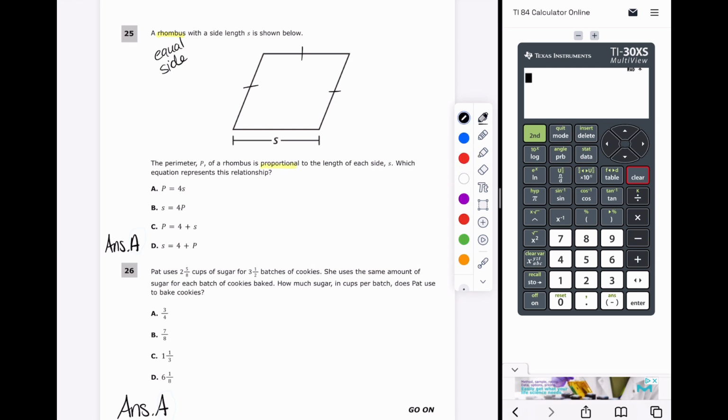what do we know about the perimeter? If I wanted the perimeter and I know that every single side was S, I would represent this as P is equal to 4S. And that does represent a proportional relationship because I have to multiply by S to figure out what P is. So they're related to each other.